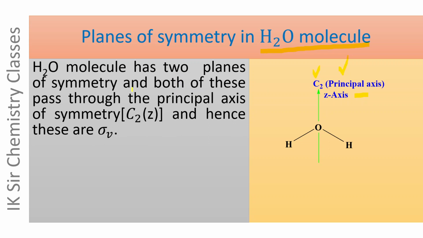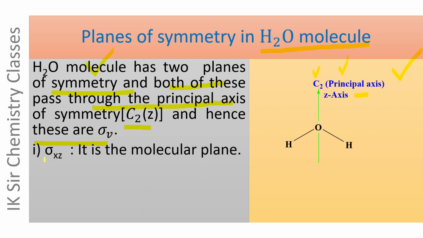H2O molecule has two planes of symmetry, and both of these pass through the principal axis, that is Z axis, denoted by C2Z, and hence these two planes of symmetry of H2O molecule are nothing but sigma V.